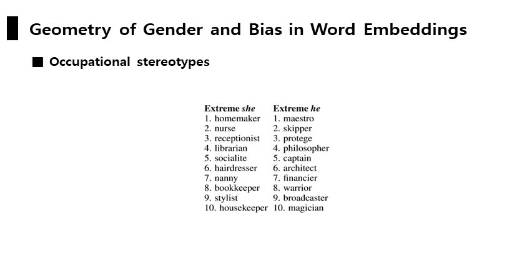The projection of the occupation words onto the he axis is strongly correlated with the stereotypicality estimate of this word, suggesting that the geometric biases of embedding vectors is aligned with crowd judgment.